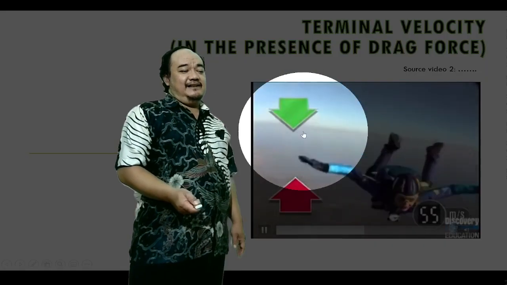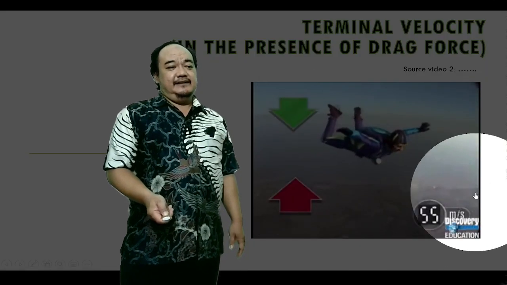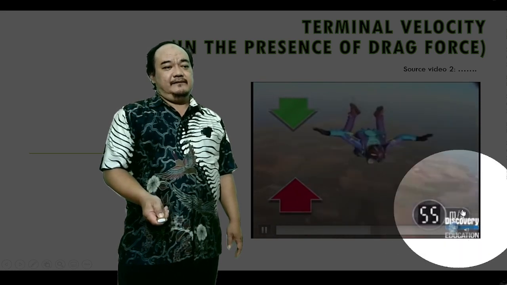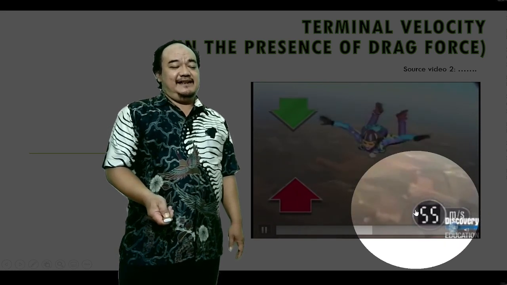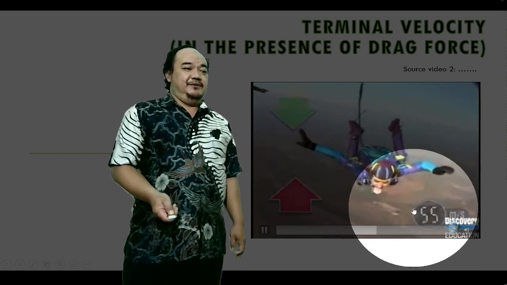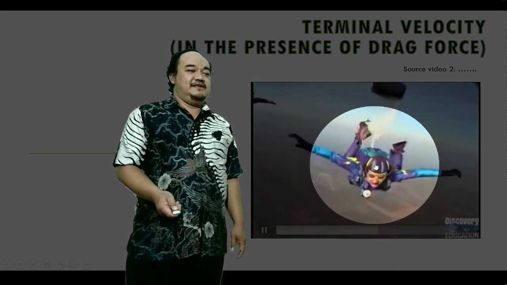So the acceleration is zero and the velocity is constant without the parachute, but it's still dangerous and can cause a catastrophic impact when the skydiver hits the ground.